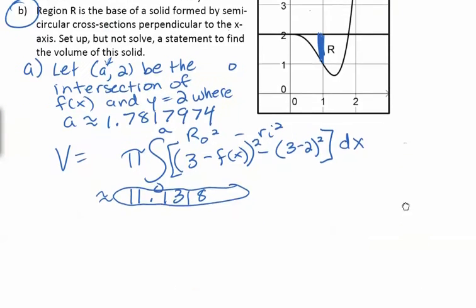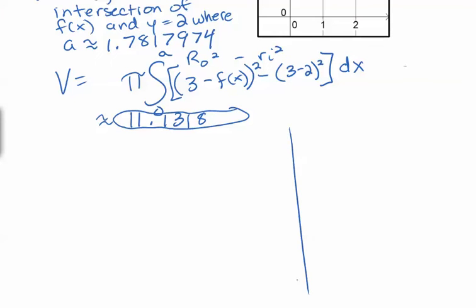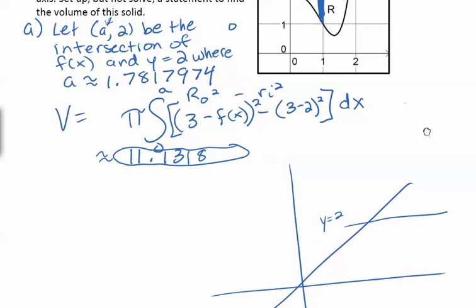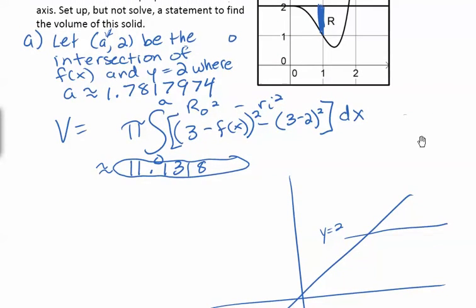So remember, and you don't have to take time to draw this, but remember that we have this line at y equals 2. Let me see if I can squeeze these both in here.